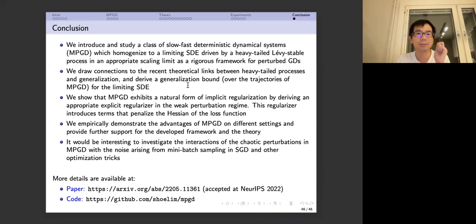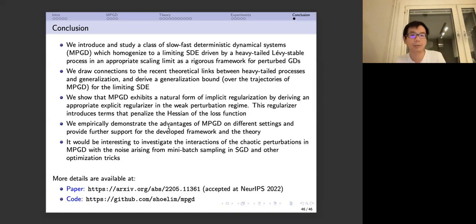This generalization bound depends on the parameter alpha in the tail index. We further demonstrate why MPGD is better than GD: it introduces, in an implicit way, terms that penalize the Hessian of the loss functions. We also provide experiments to show that MPGD works better than GD.